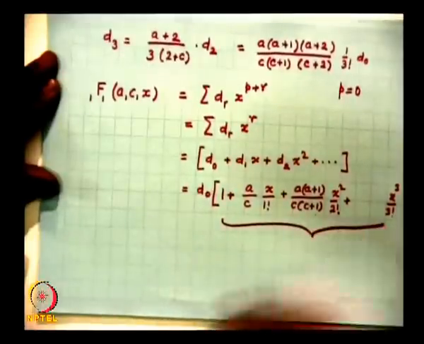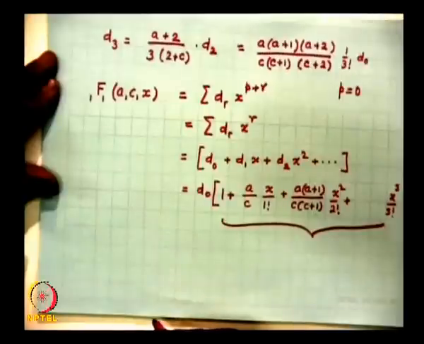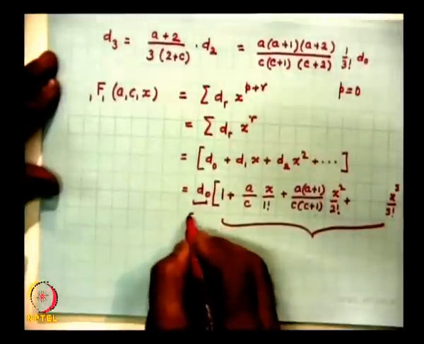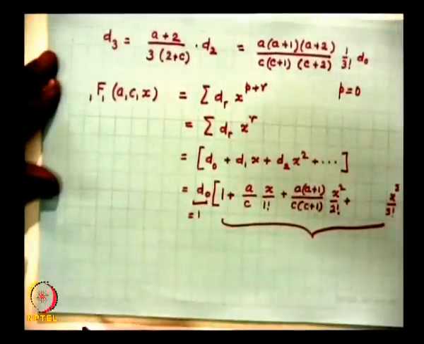This infinite series, when d0 I assume to be equal to 1, is known as the confluent hypergeometric series.